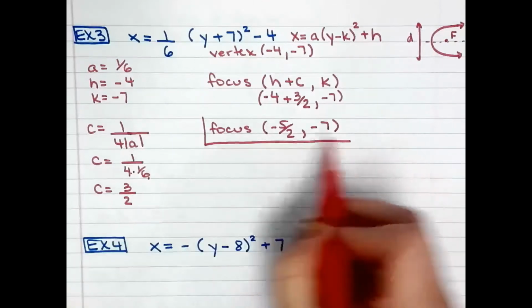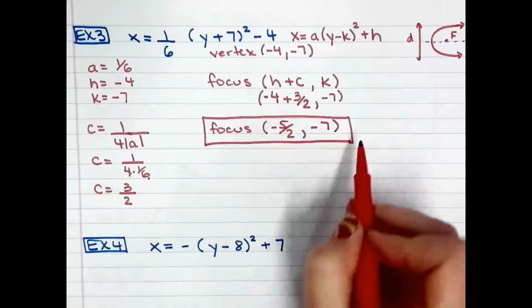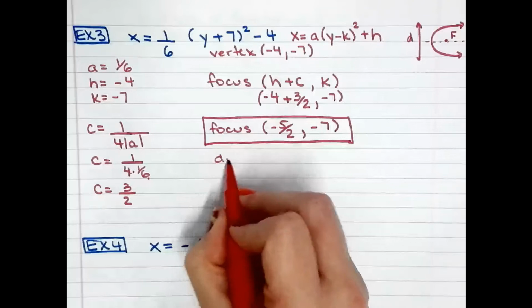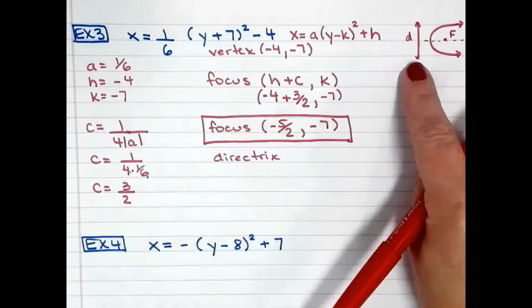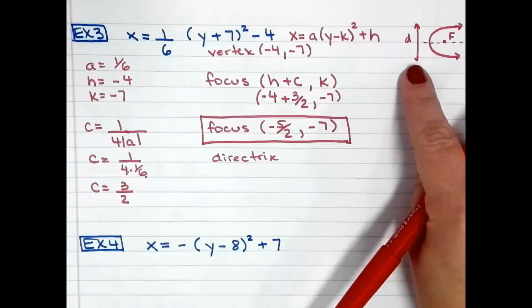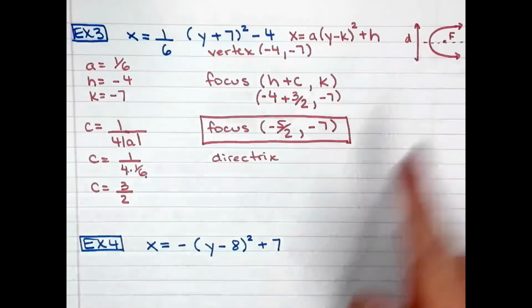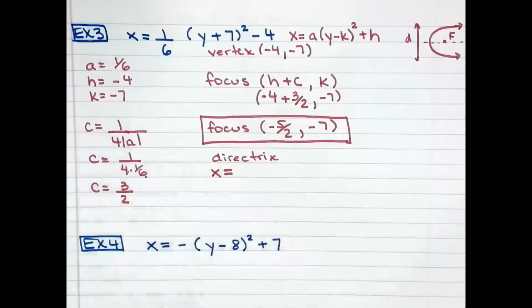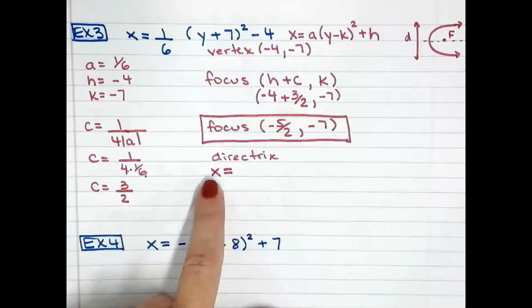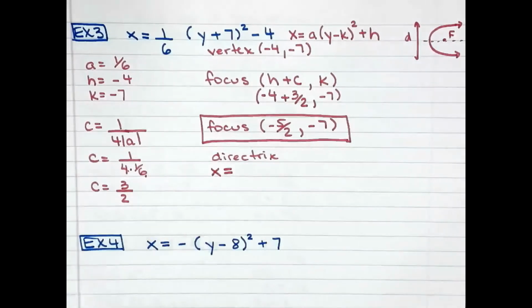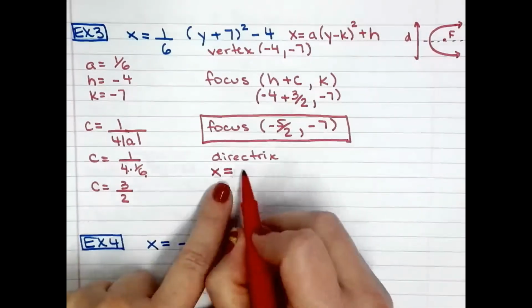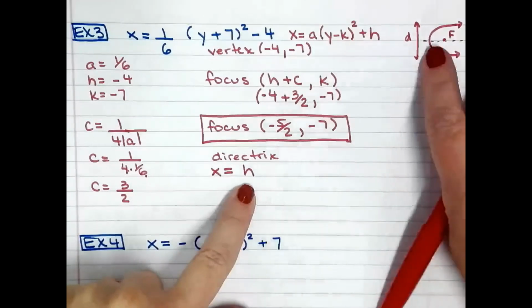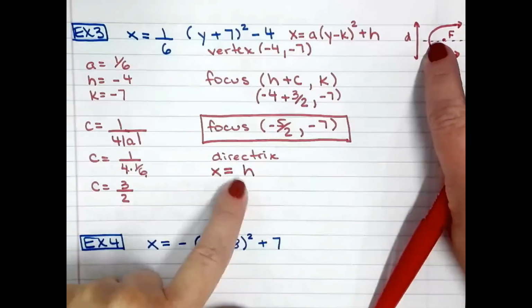So that's one of the two answers. Now to calculate the directrix, let's think about this one. It's a vertical line. So a vertical line is x equals. If you don't put x equals, that's wrong, because x equals tells me that it is a line. Okay, so x equals h plus or minus c right here.